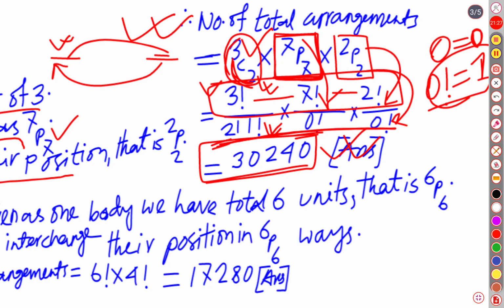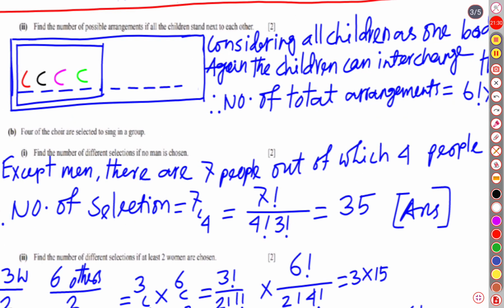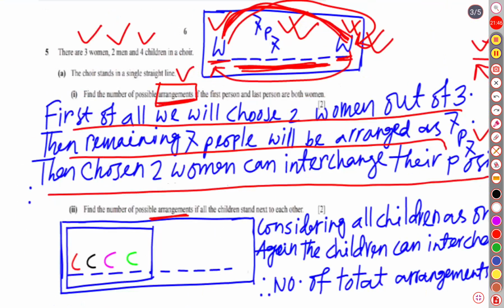What does the next question say? The next question says to find the number of possible arrangements. This is also arrangements, which means the permutation concept should be applied. If all the children stand next to each other, that means there were 4 children. It is written that there are 4 children.